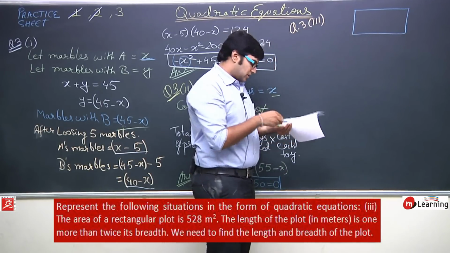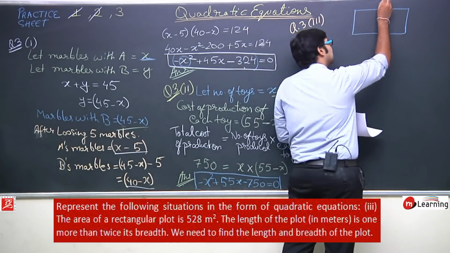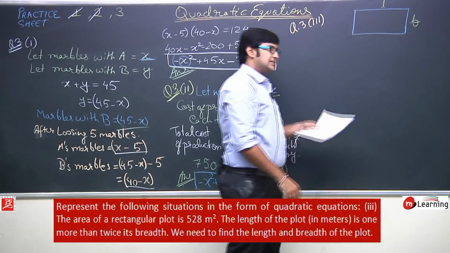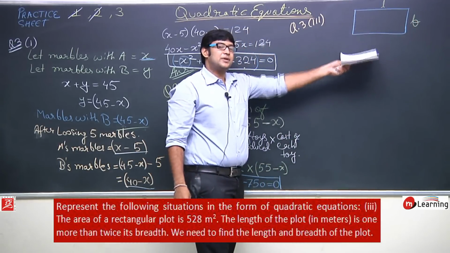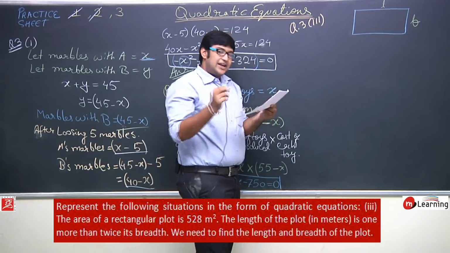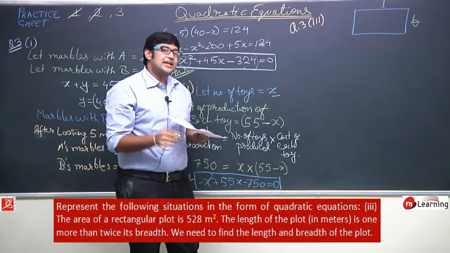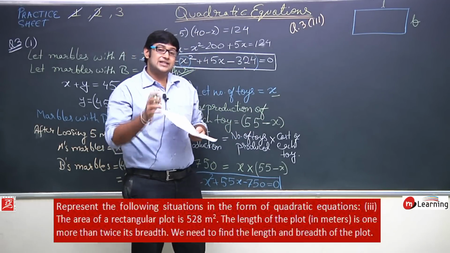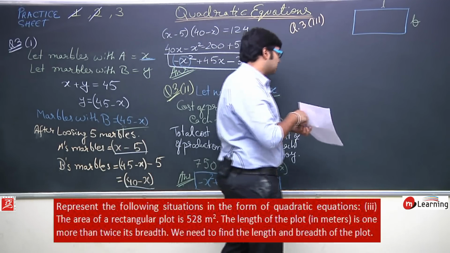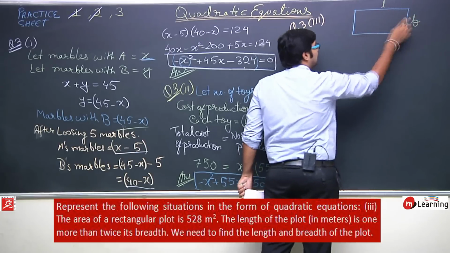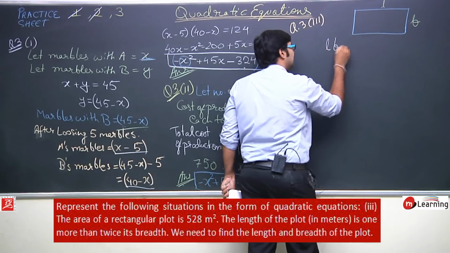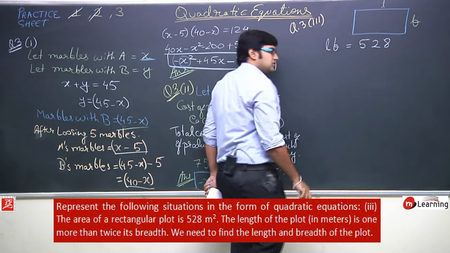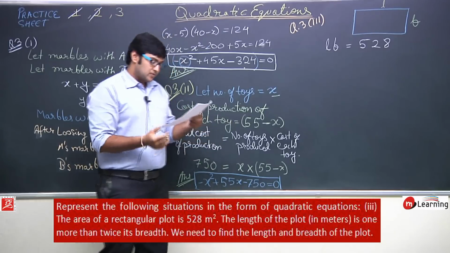It will have some length, let us say L, and some breadth, B. Now the area of a rectangle is length into breadth. So in this case also, L into B is equal to 528. So the length into breadth is 528.